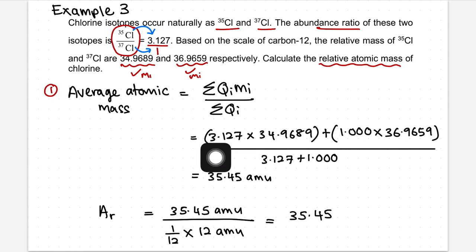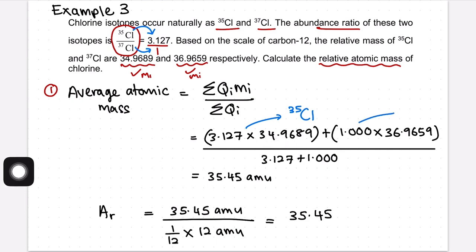As you can see in the workings here, I have multiplied the relative abundance for Cl-35 with the corresponding isotopic mass, and this data over here is for Cl-37, and the total key would be 3.127 plus 1.00. So when you have an abundance in ratio format whereby it is written in fractions, you can do this.